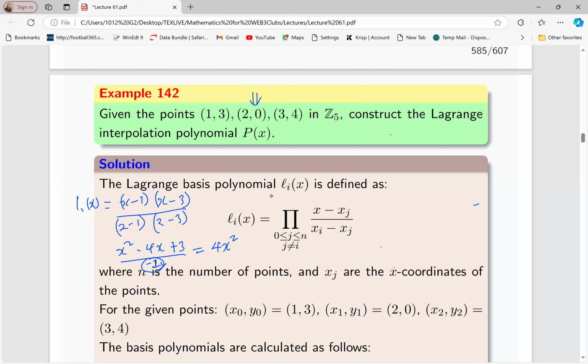What I got was negative x squared, plus 4x, minus 3, and I just reduced mod 5. So negative 1 becomes 4, and negative 3 becomes 2. That's what I just did.